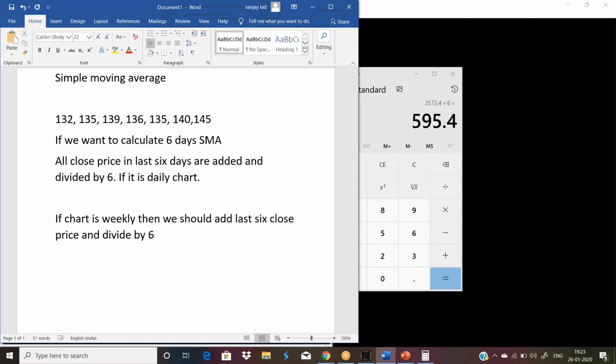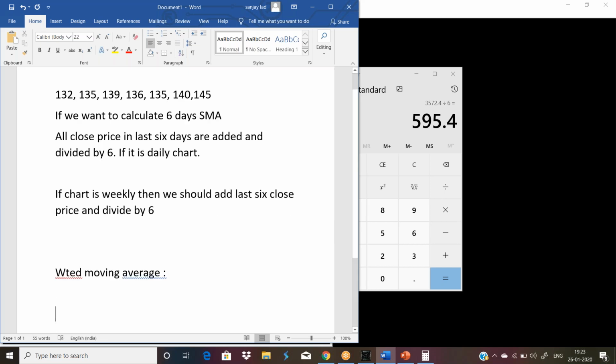Another method is the weighted moving average. In this case, weightage is given to the values. The weightage given is k equal to 2 upon n plus 1, as a percentage.